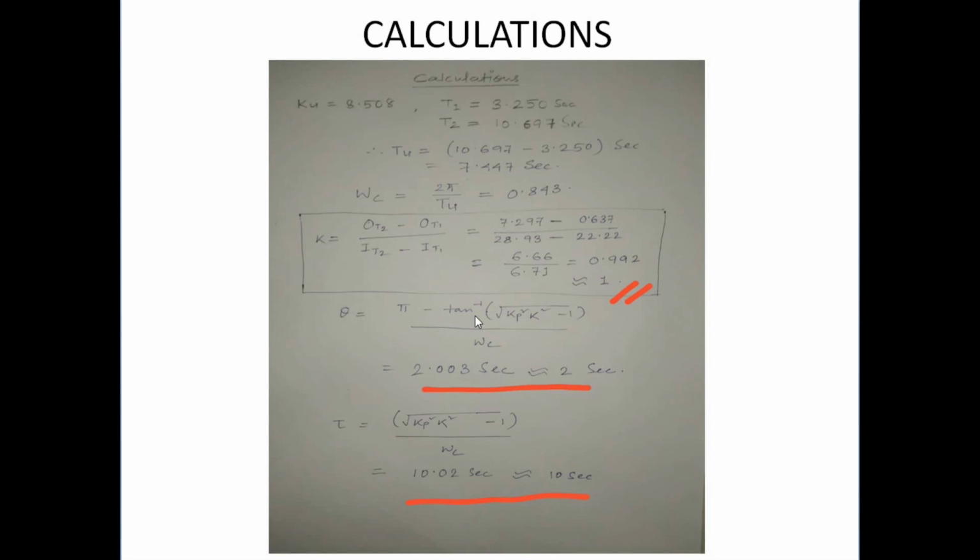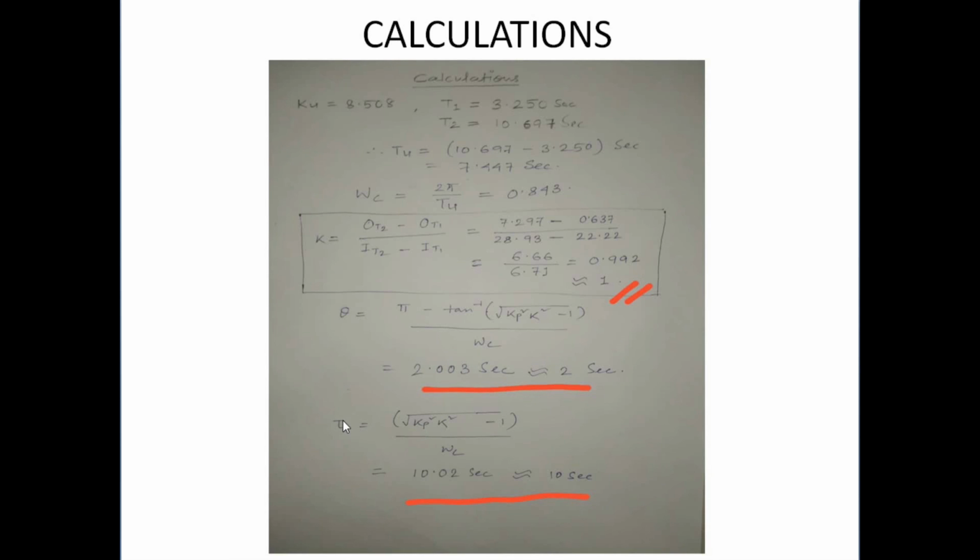So pi minus tan inverse under root kp square k square minus 1, kp square, the kp value whatever we have got, this value into k square, k is our 1, minus 1 divided by omega c. The value we have got is 2.003 seconds. Theta is 2.003, that means dead time. The actual theta was 2, so it is approximately equal to 2 seconds. So it is also verified.